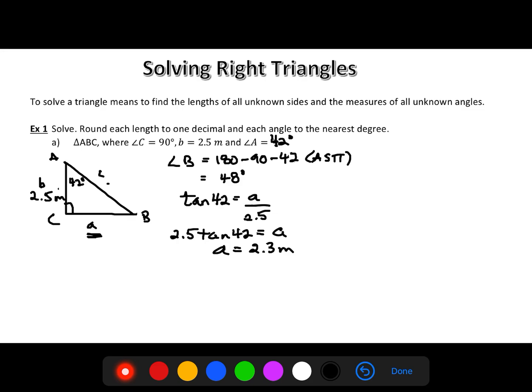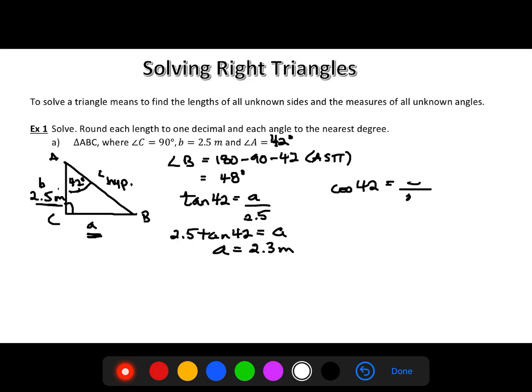Now we can figure out side c. We always want to try to use our given information if we can, because we know it's correct. We know we haven't had to round anything. So we're going to still stick with our 42-degree angle. The c that we need to figure out is our hypotenuse, and we know the adjacent.